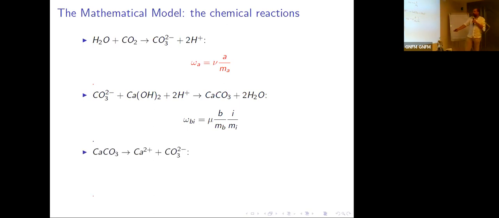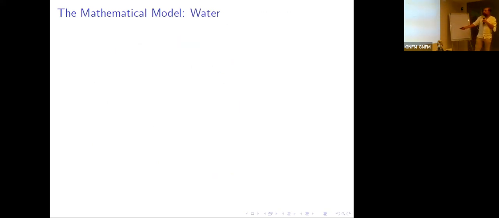The last one is the dissociation of calcium carbonate. And this is, again, a first order reaction involving only the concentration of carbonate.